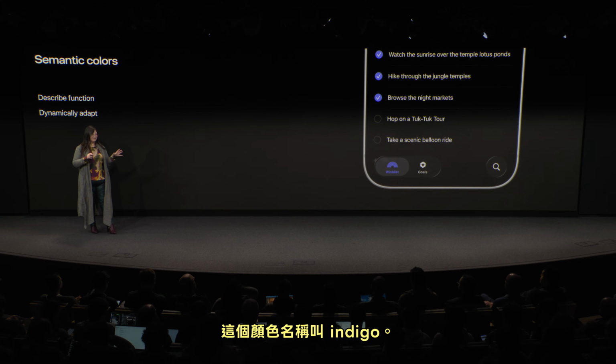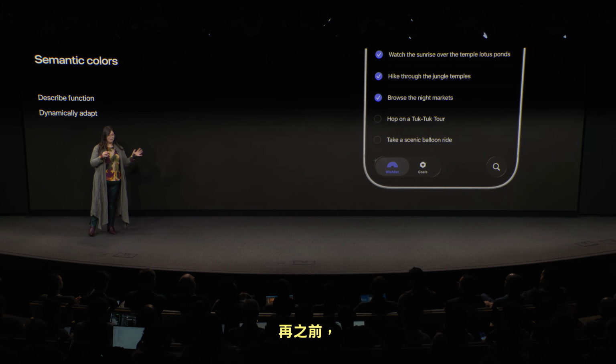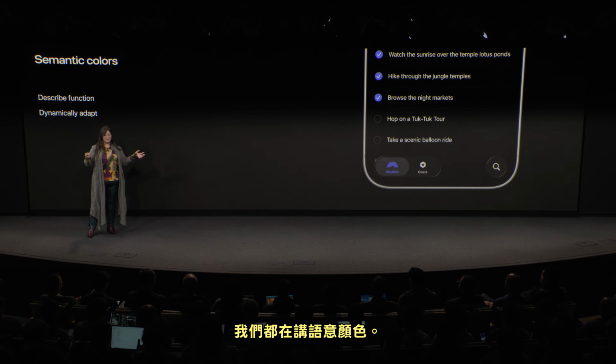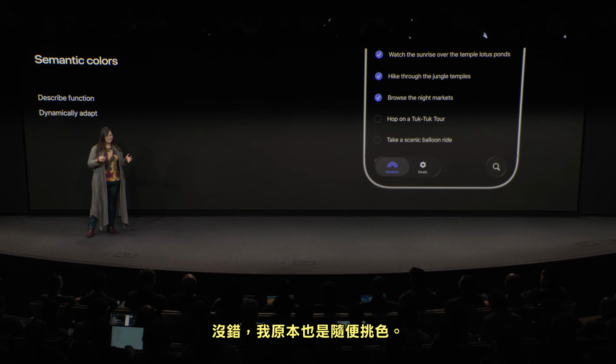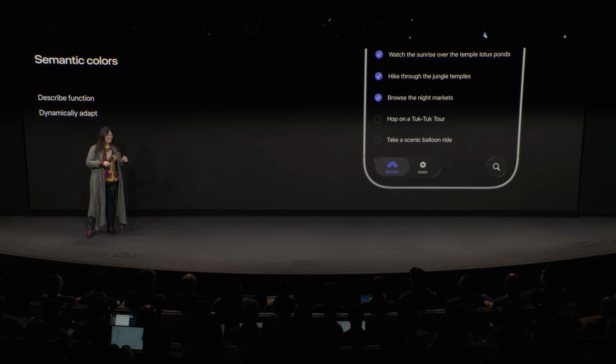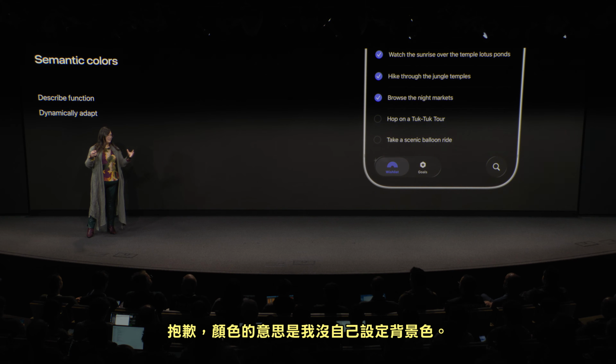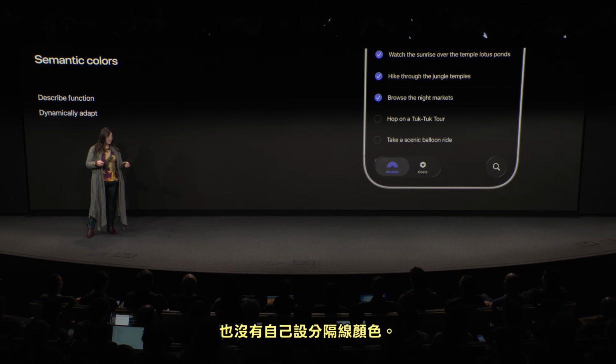This color is named indigo, and before that we were describing semantic colors. So it's not a color I chose at random. It's provided by the system, and each native component has its own color. So I didn't set the background, I didn't set the separator color.